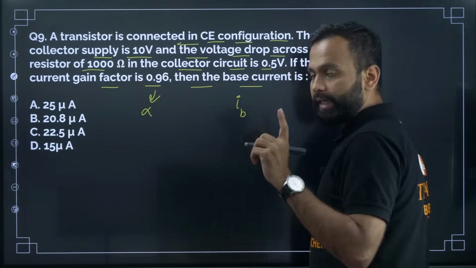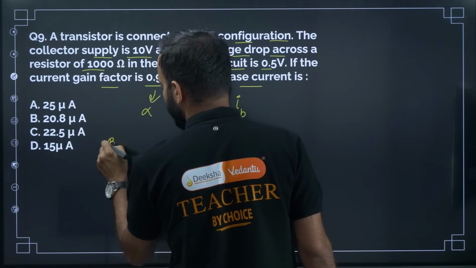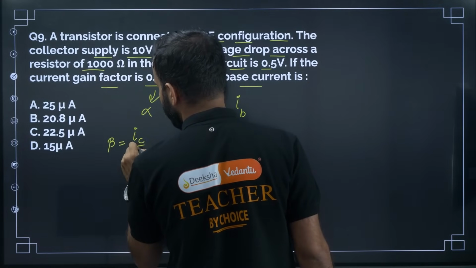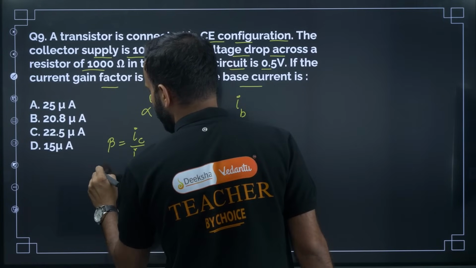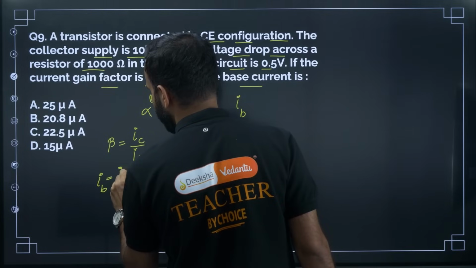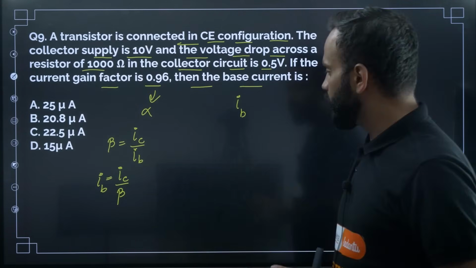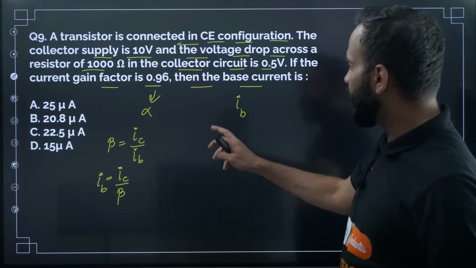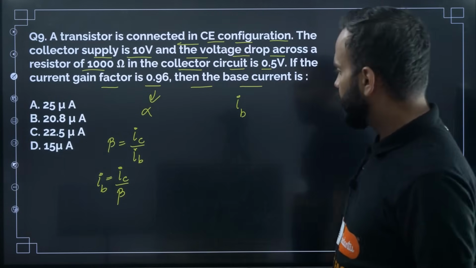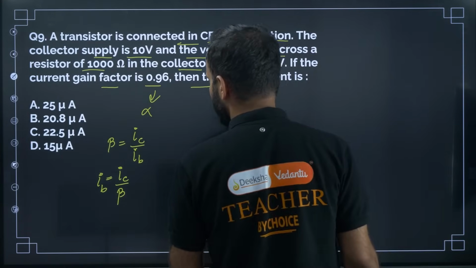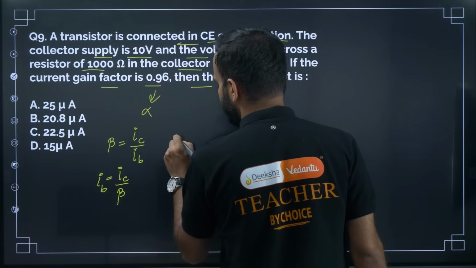So we know that current amplification factor beta is equal to IC by IB. So IB is equal to IC divided by beta. We don't know the value of IC or beta, but we can find them from the given data. So let us find beta.